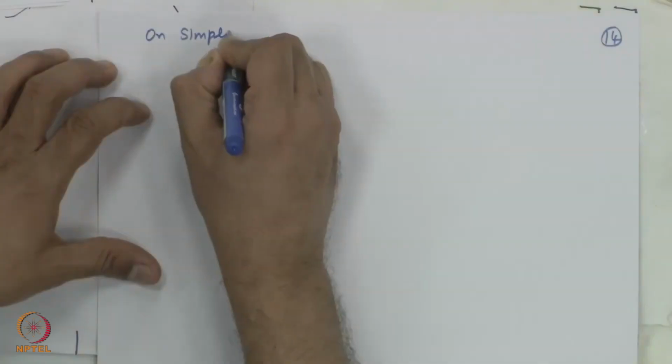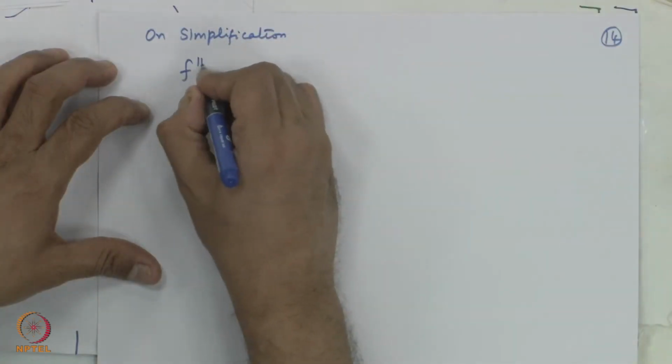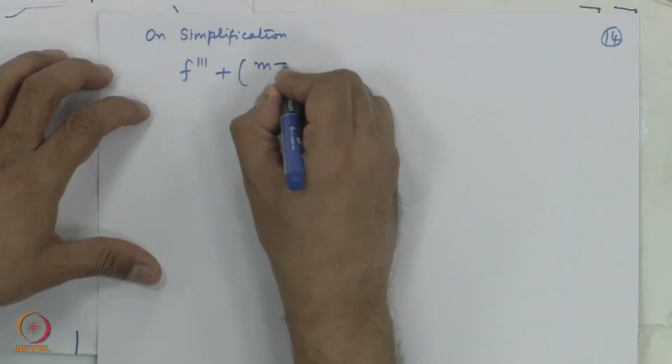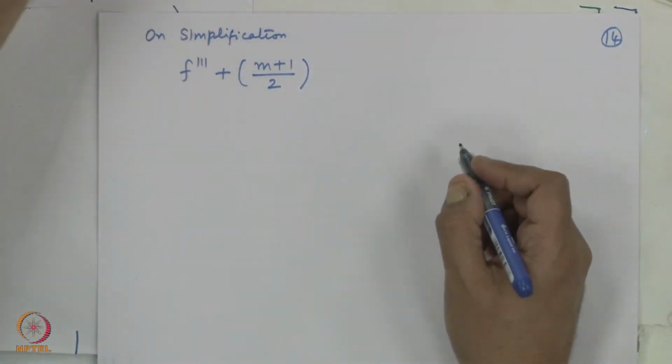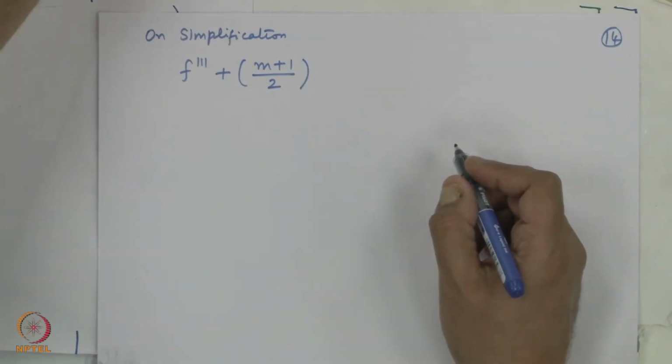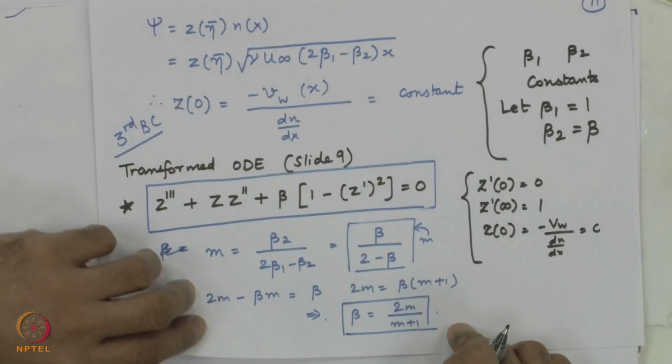So, on simplification, 3 or 4 steps of algebra, we get f triple prime plus m plus 1 by 2. We are substituting for beta there. So, what was my beta? My beta was written in terms of m as 2m by m plus 1.